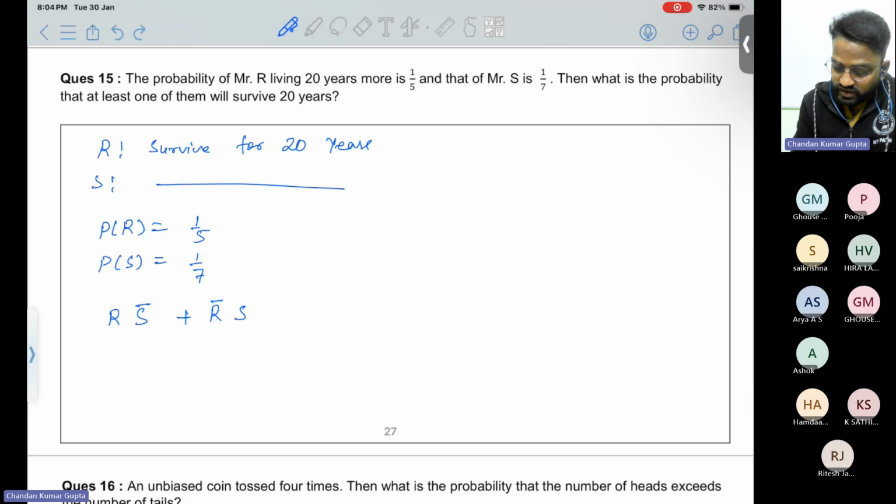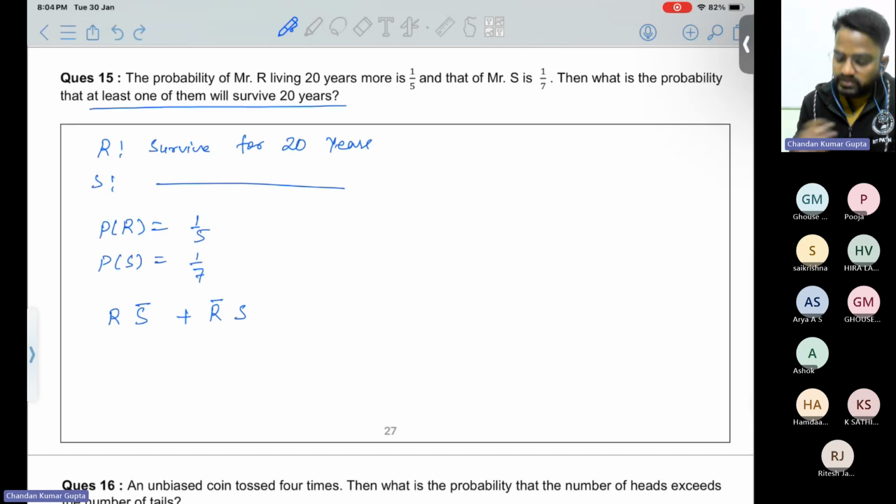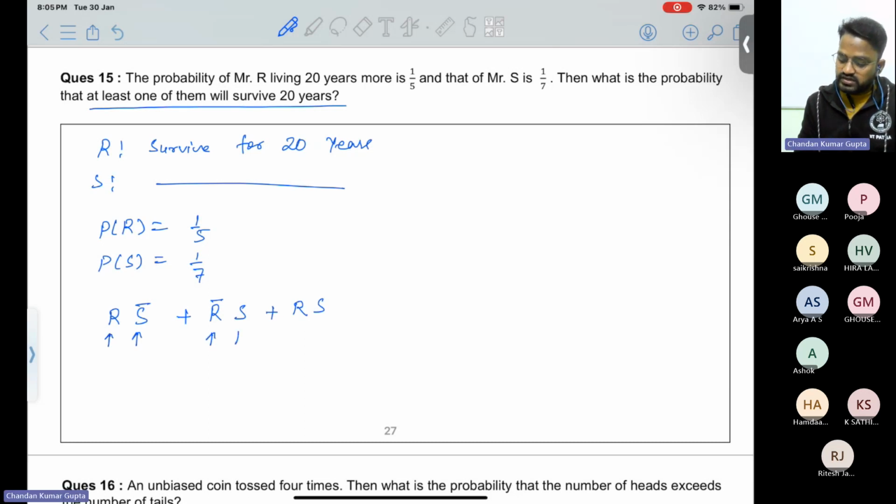Here it is clearly mentioned that at least one of them will survive, plus the case where R and S both survive. Here R survives, S does not survive. Person R does not survive for 20 years, but S survives, and here both persons survive for 20 years. And we have the probability of all these.